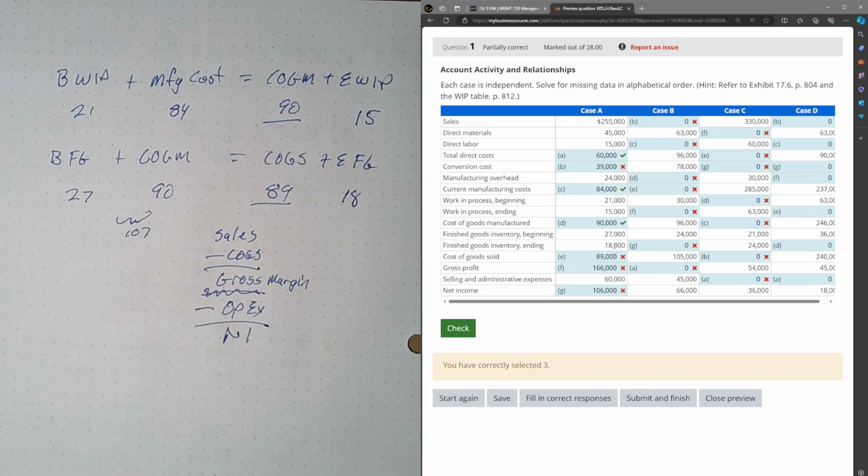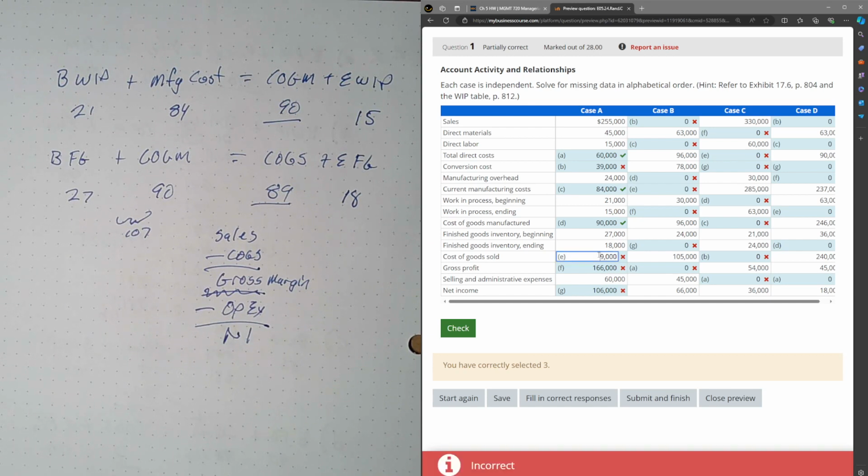Well, isn't that right? 90 plus 27 minus 18. Oh, again, I miscalculated in my head. So this should be 99,000, and therefore this should be 255 minus 99 equals 156. So there you go.